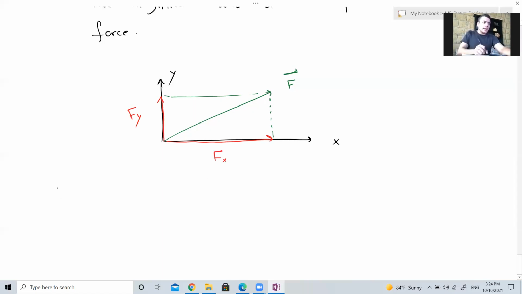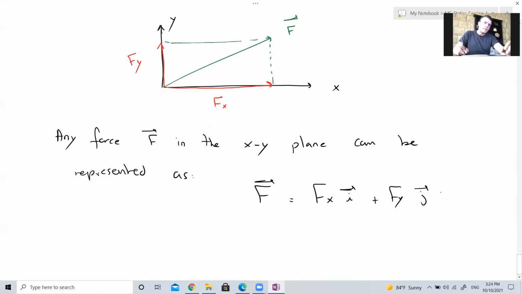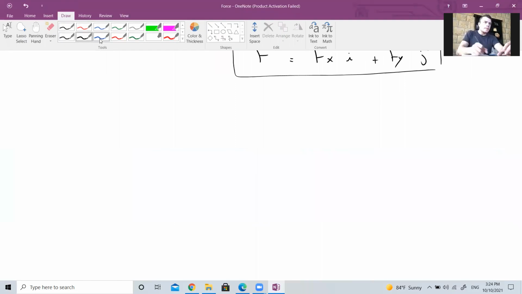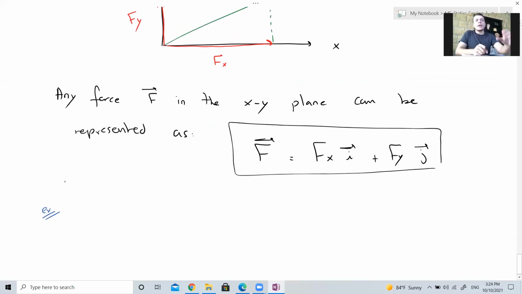And any force F in the xy plane can be represented as F equals Fx i plus Fy j. What does represented mean? It means every force can be written in this way.